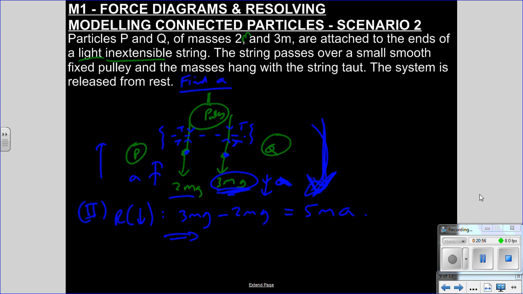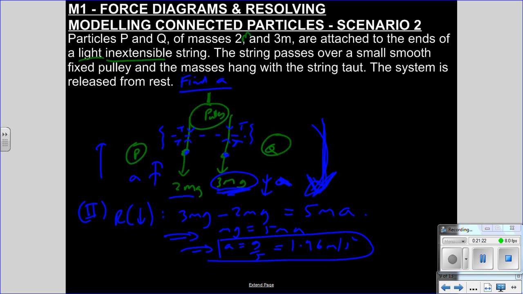So 3mg minus 2mg is mg equals 5ma. Divide everything by m, the m's cancel, and a equals g over 5. And g over 5, 9.8 divided by 5, is 1.96 meters per second squared. Now, if you're really not sure why that works, that's done basically.